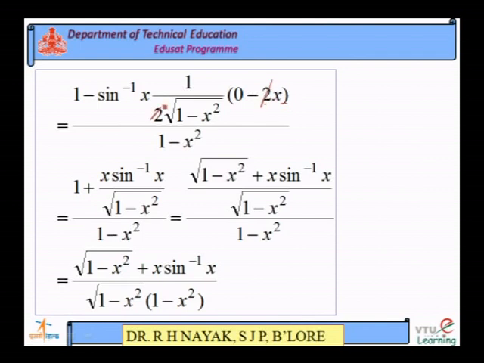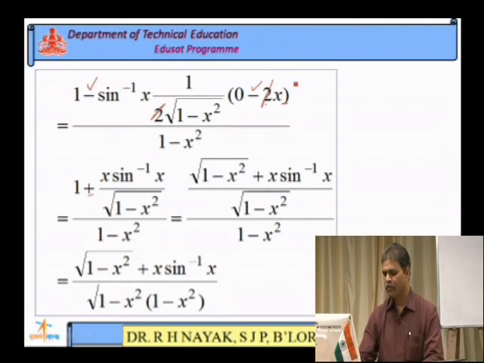Finally, we will have 1, minus of minus becomes plus, x into sin inverse x, divided by, 1 by root of 1 minus x square is taken here, whole divided by 1 minus x square. Again if you want, you can take the LCM. What is the LCM? Here the denominator is 1, therefore root of 1 minus x square is the LCM, then root of 1 minus x square plus x into sin inverse x.